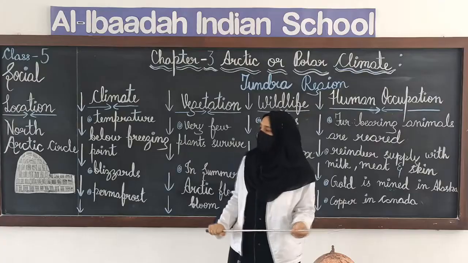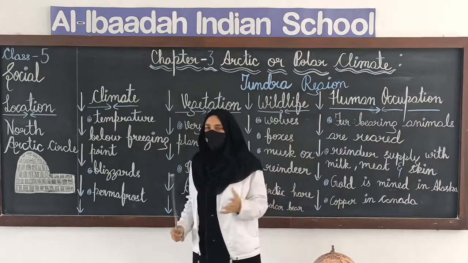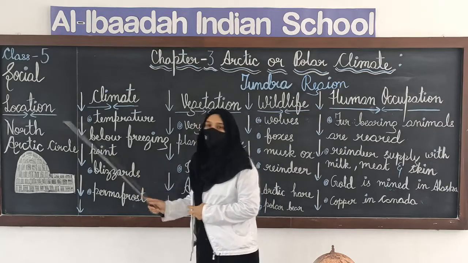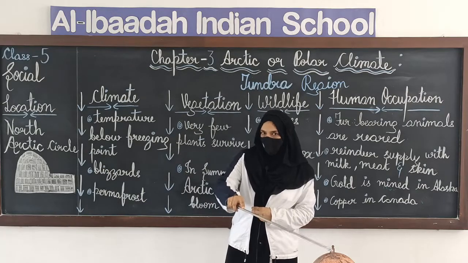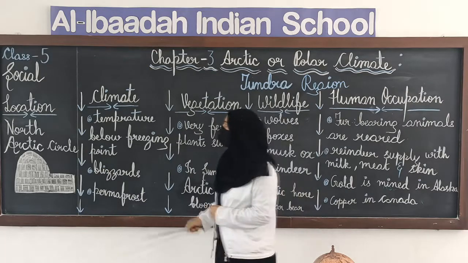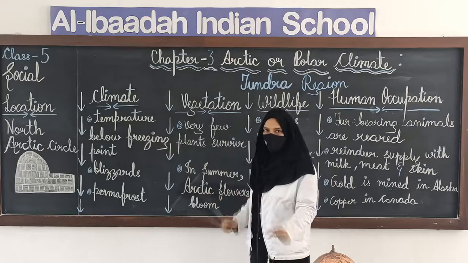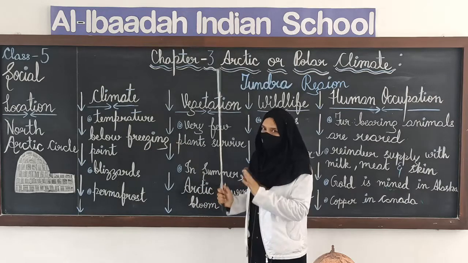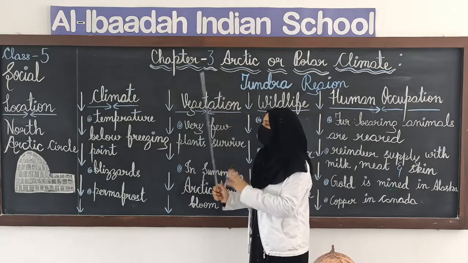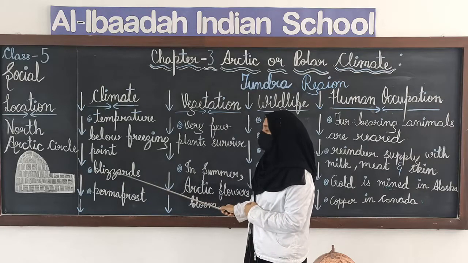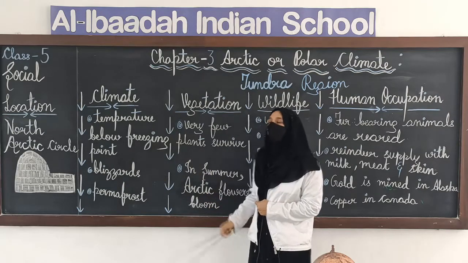Let's just wind up this lesson. Location: it's in the north. Here up in the north we have the Arctic Circle. The climate is freezing cold, it's a tundra region. Then we have blizzards, which are very strong winds.